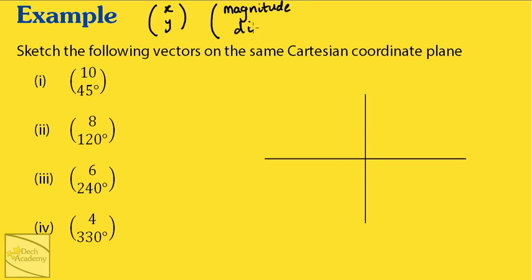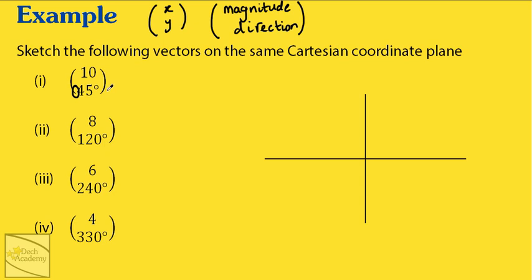So in the first case, we're being told that the vector has a magnitude of 10 and a direction of 045 degrees. So the directions we're being given here are in bearing form.